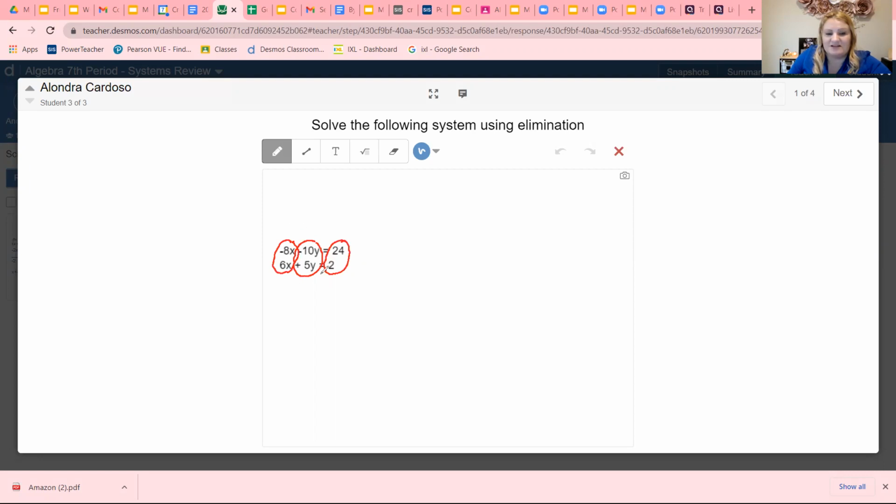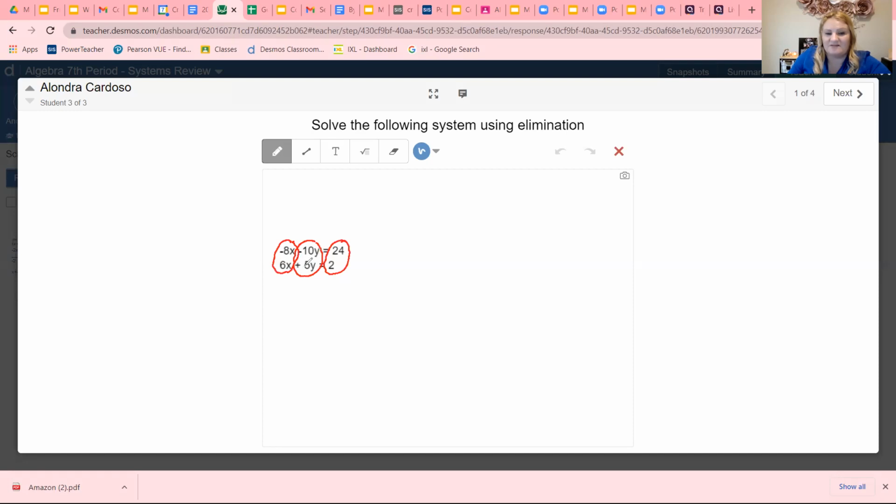So the very first thing that you're going to look at is to see what column can you eliminate? Do you have a negative 8x and a positive 8x? No, you don't. So we can multiply both of them to become negative 48 and positive 48, or we can go over to the Y column and see I have a negative 10y.